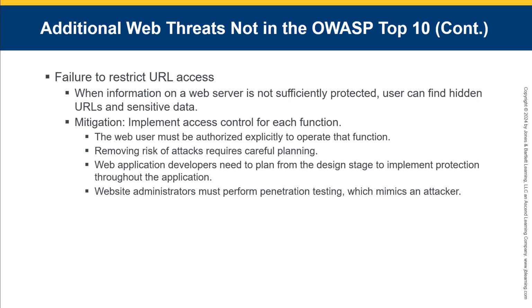When information on a web server is not sufficiently protected, users can find hidden URLs and expose sensitive data using dorking techniques. And the sad part is, these are pretty common and easy types of attack. Mitigation is implement access controls for each of the functions. Test, verify, check.